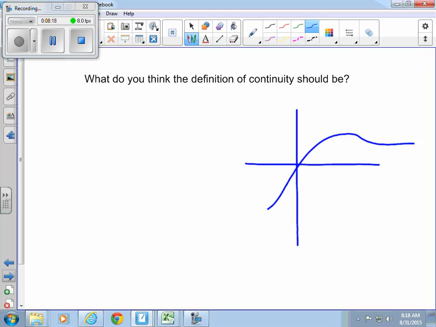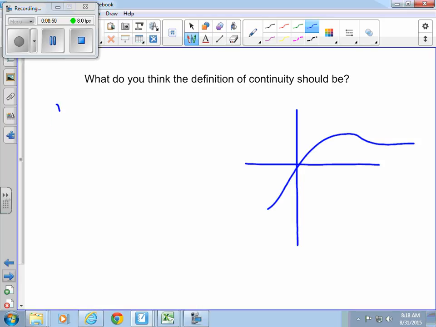How can we now define that? Maybe using limits. If I wanted to say a function is continuous at any point, how could I define that using limits? Let's say continuous at a point c.